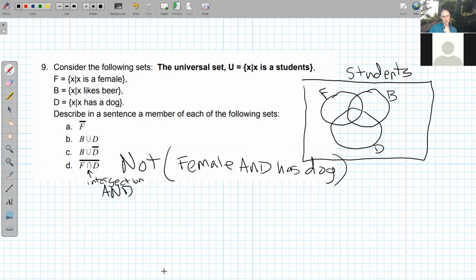All right, so this one, let's see. Female, I need a highlighter. First, I've got to figure out what female and a dog looks like. Female and dog, that would be this group right here. Would it be does not have a dog? I'm not there yet. I put the not around that whole phrase with the and.